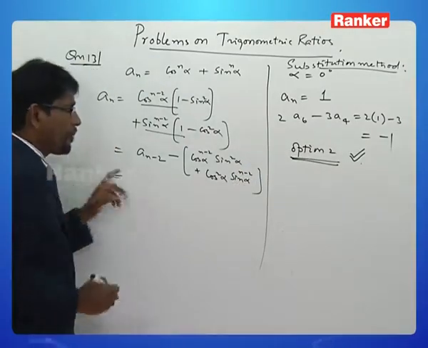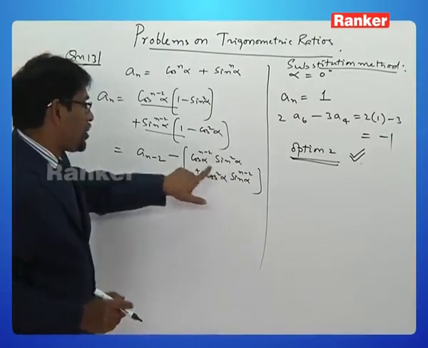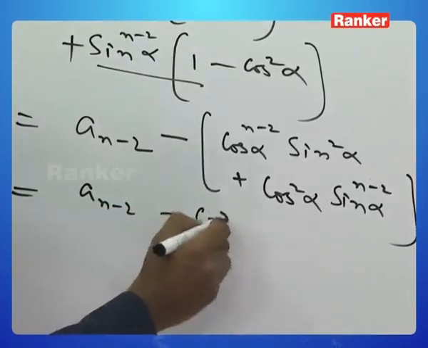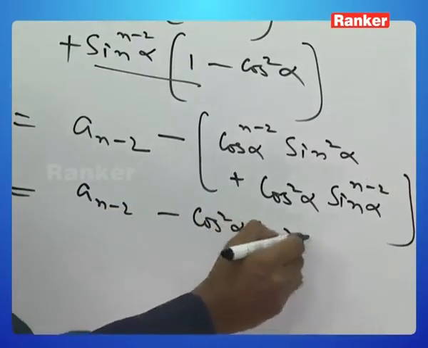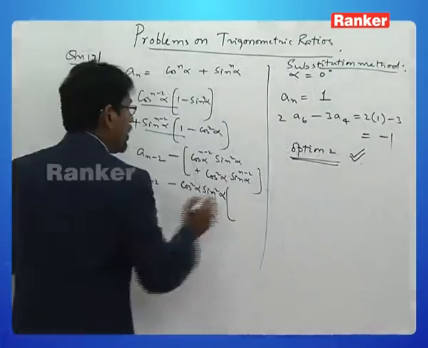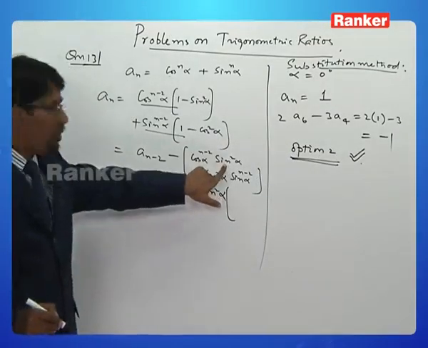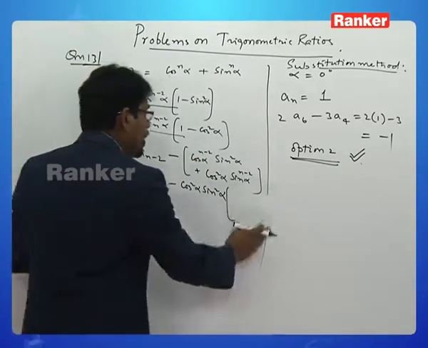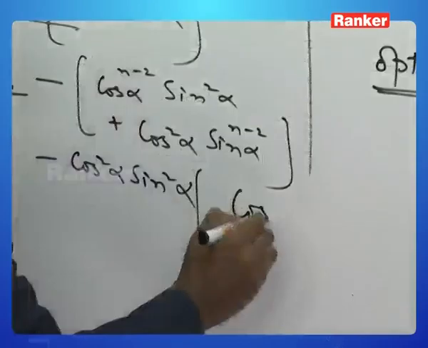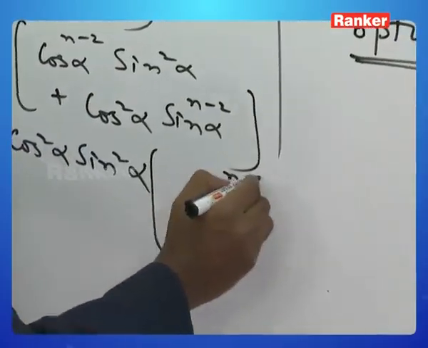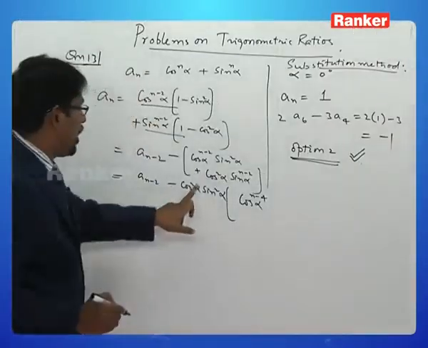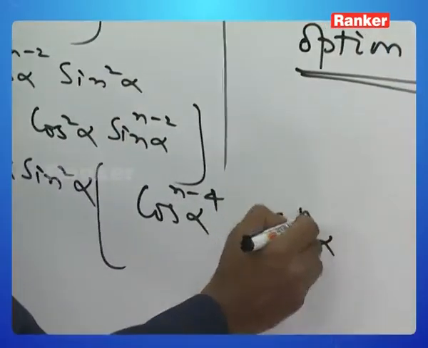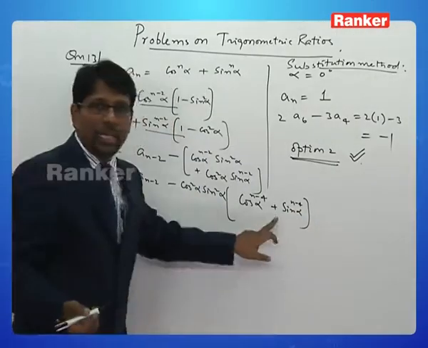What we do is we will take out cos square alpha and sin square alpha common. We take out cos square alpha into sin square alpha common here. So what is it? There is already a sin square alpha term here. So if I pull out cos square alpha, I will be left with cos alpha raised to the power n minus 4, and here I will be left with sin alpha raised to the power n minus 4. And what is this clearly?